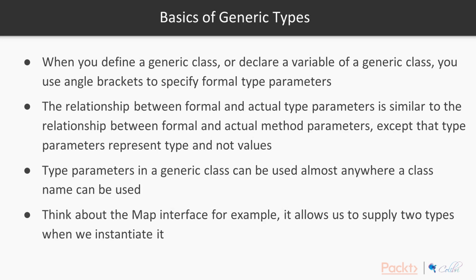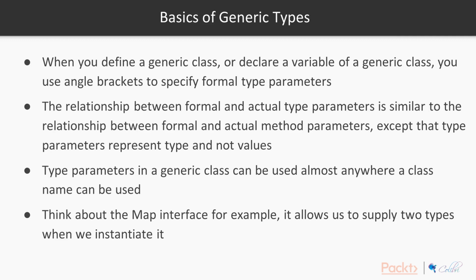When you define a generic class or declare a variable of a generic class, you use the angle brackets to specify formal type parameters. The relationship between formal and actual type parameters is similar to the relationship between formal and actual method parameters, except that the type parameters represent types and not the values themselves.